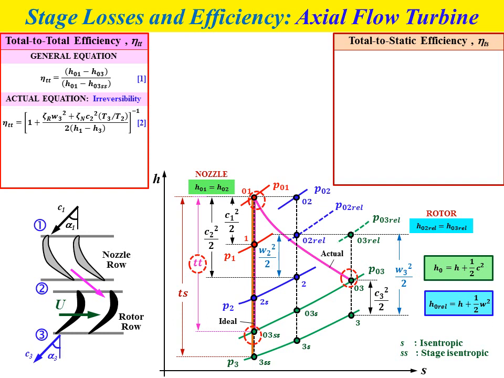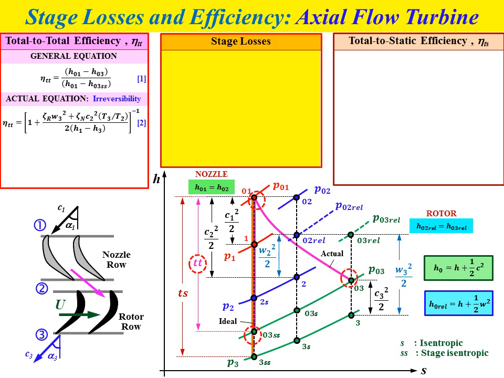So mu Tt, represented by equation number 2, equals 1 plus zeta r, the loss coefficient in the rotor, multiplied by W3 square, plus zeta n, the loss coefficient in the nozzle, multiplied by C2 square times the temperature ratio T3 divided by T2, divided by 2 times H1 minus H3, to the power of -1.